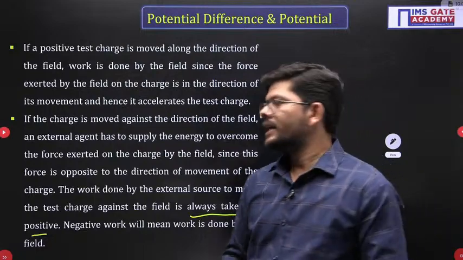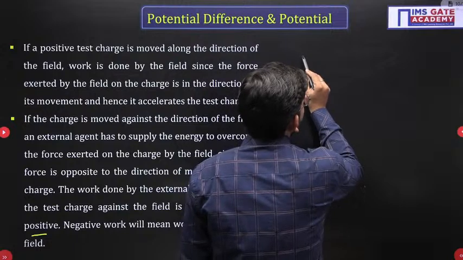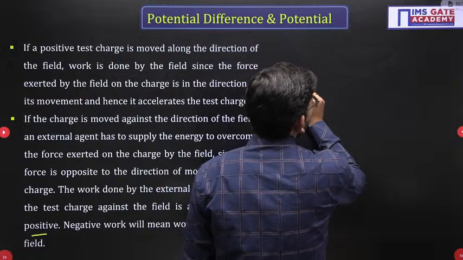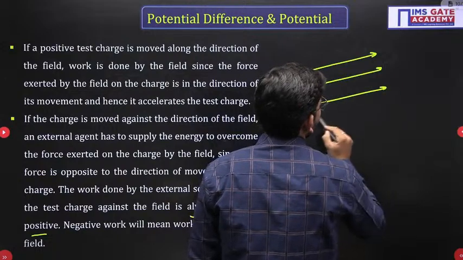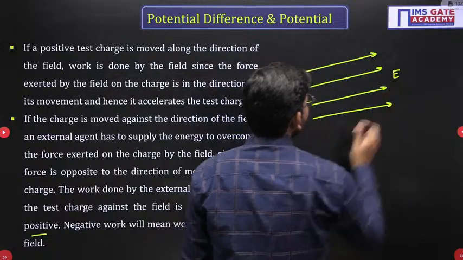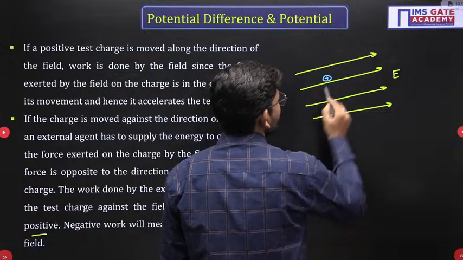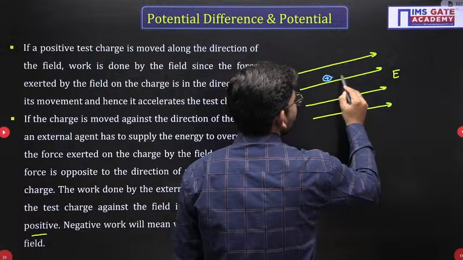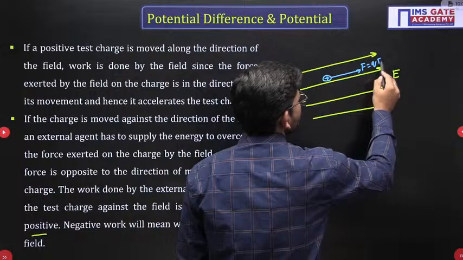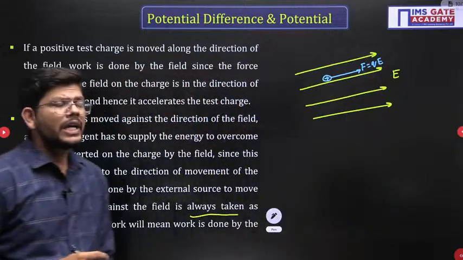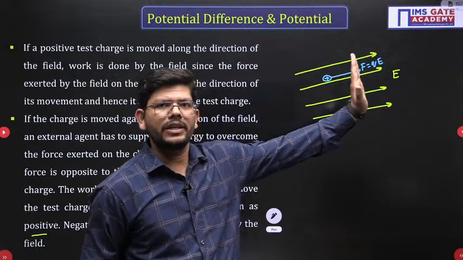Let me take a condition. Just see. Suppose we have some electric field, let us suppose this is the electric field that we are having. Now in this electric field, there is a positive charge placed here. So what will happen? The field will apply a force on this charge in this direction, which will be equal to Q into E. Naturally the positive charge will move in this direction, isn't it?